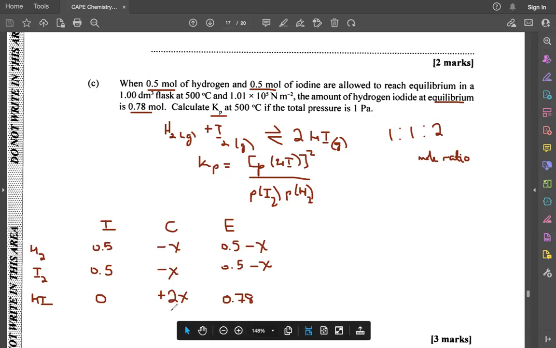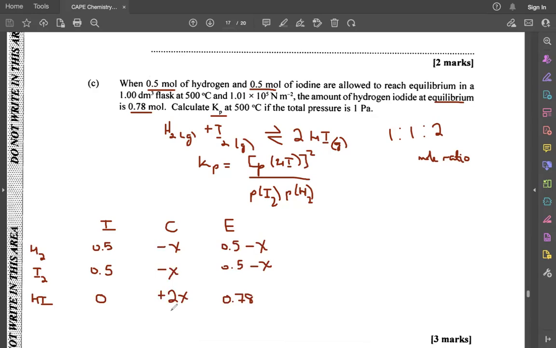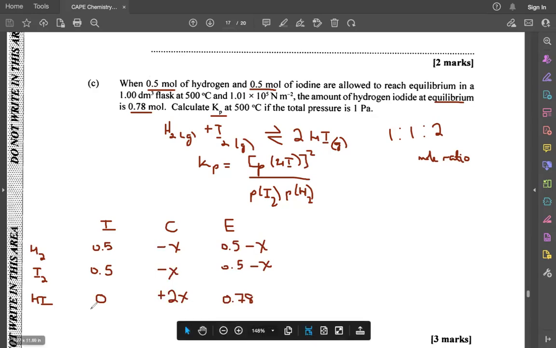All right. What we can do right now is this: we didn't have any HI initially, and in the end we had 0.78. So whatever our change is, that's what we ended up with at equilibrium.